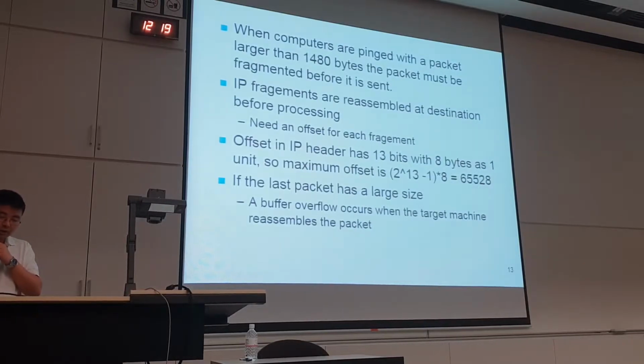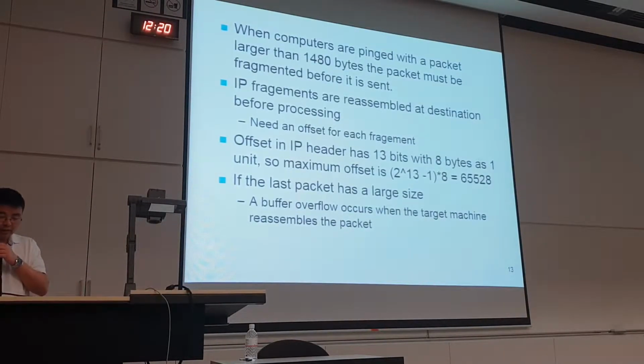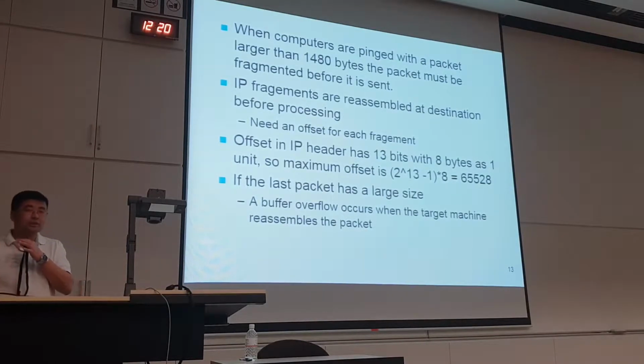So one packet actually can have 1500, right? Each fragment can have 1500. So if the last fragment starts with this offset and has a value like 1500 or even a few hundred, then definitely the size is larger than the limitation.